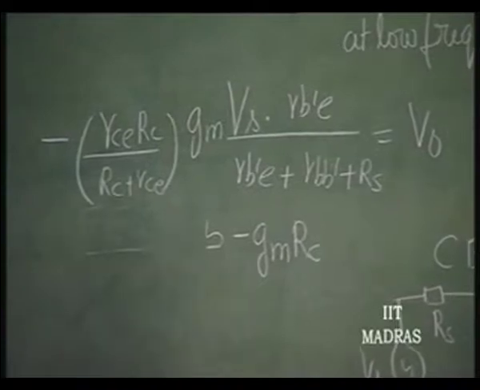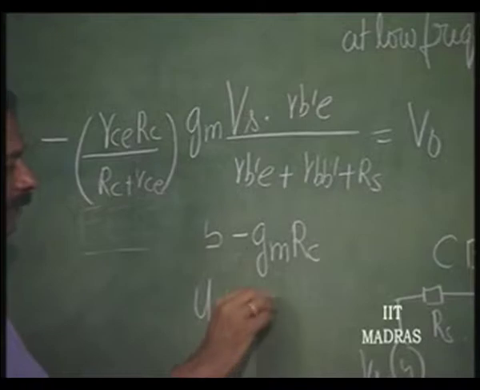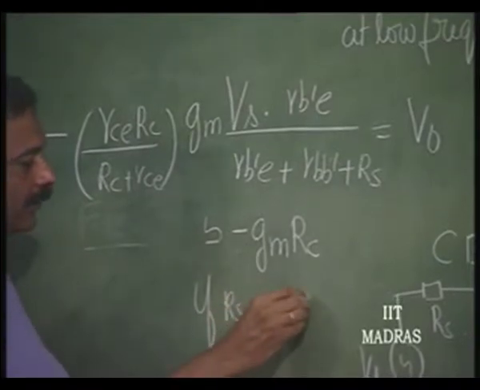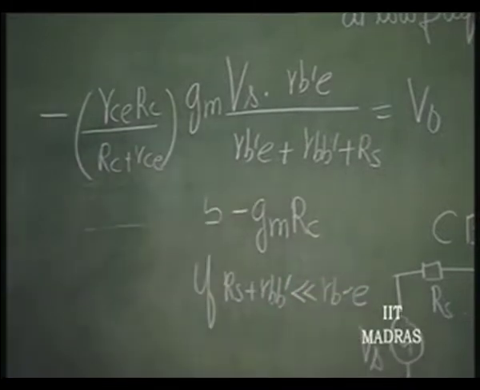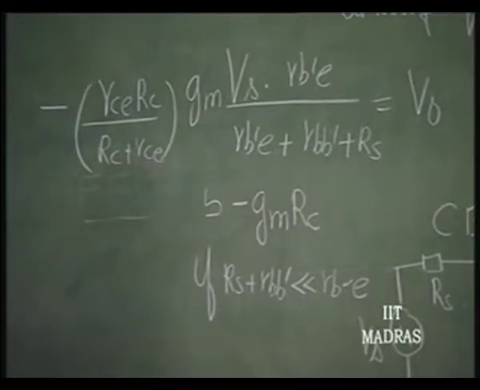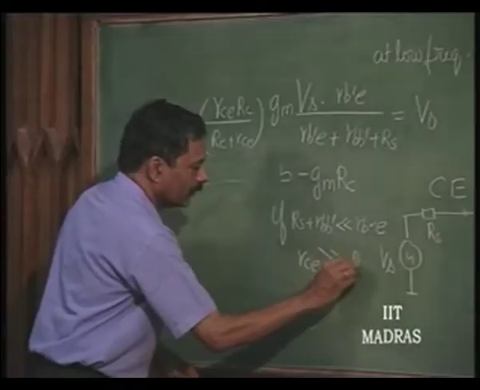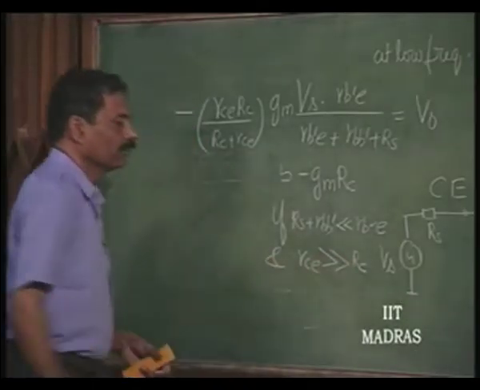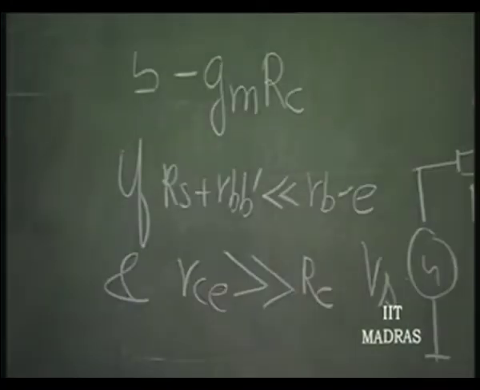Okay. That is if RS plus RBB dash is much less than RB dash E, which is the case most of the time when you are using a voltage source drive. Okay. The gain of the amplifier and then RCE is much greater than RC. This is the normal gain of a common emitter amplifier.